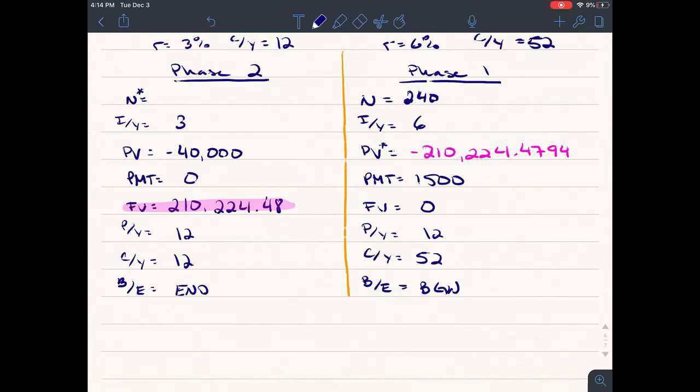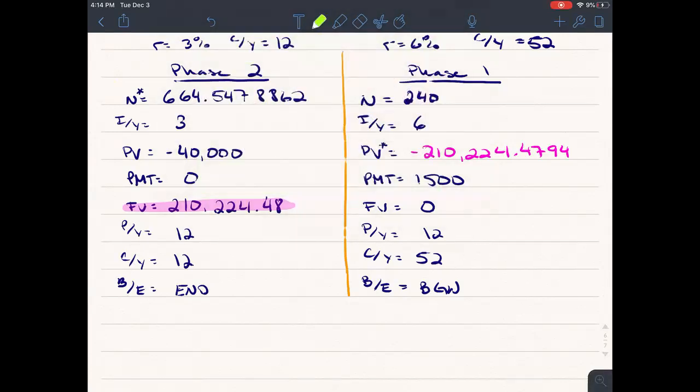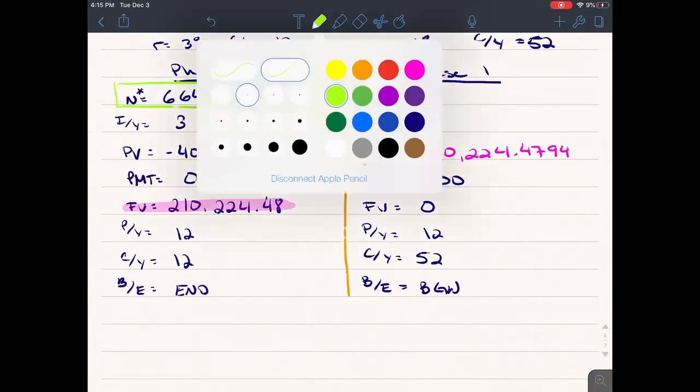It forces it to be the same, and then what we've been doing is changing the compoundings per year if we have to. Now we can compute our n, and we get n is 664.54788862. So that's our n.